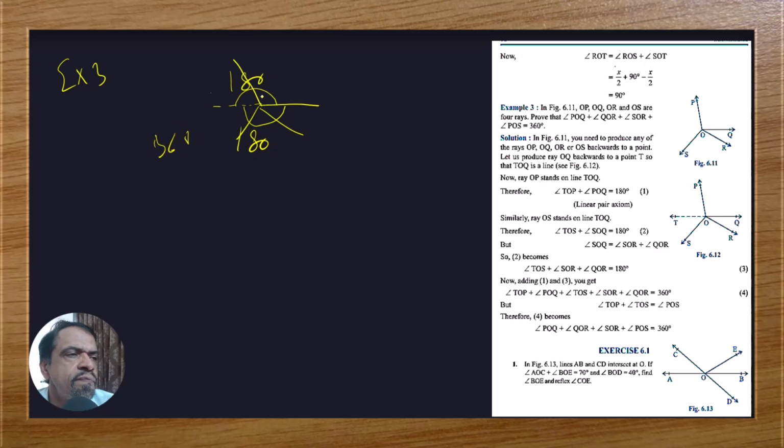We can do it directly: POQ plus QOR plus SOR plus POS is 360 degrees. The exercise questions we already did in the previous video, you can see in the playlist class 9th maths. Do practice the second question necessarily. This kind of question might come in an examination, and the fourth and this fifth are very important too. I already gave the solutions.